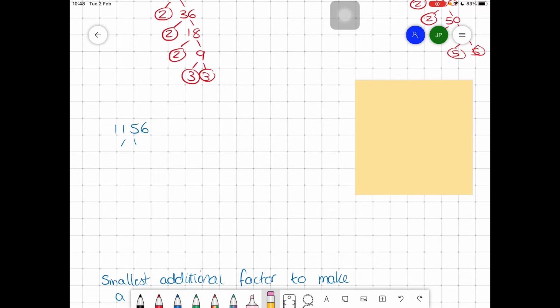So 1156. Definitely a little bit harder, and you may have missed the last pair, but you've always got to double check. Okay, so 1156 again we know is even, so we can split using 2, so it'll be 2 and 578. 578 again even gives me 2 and 289. Now 289 is one of the more difficult ones.